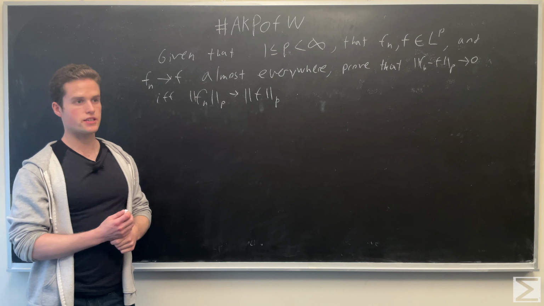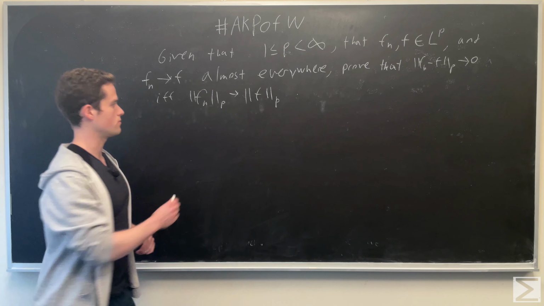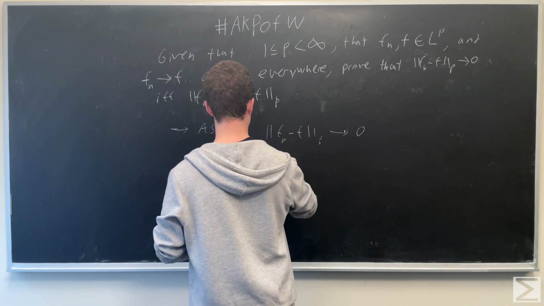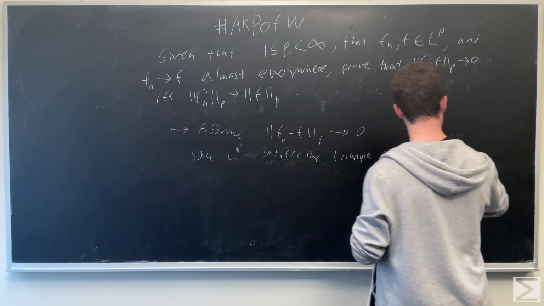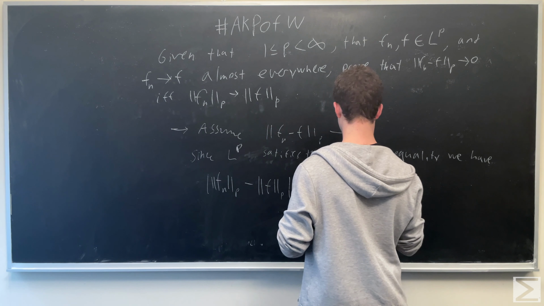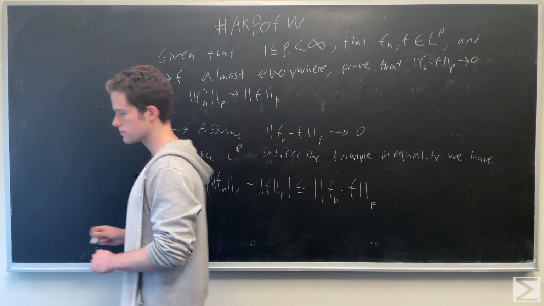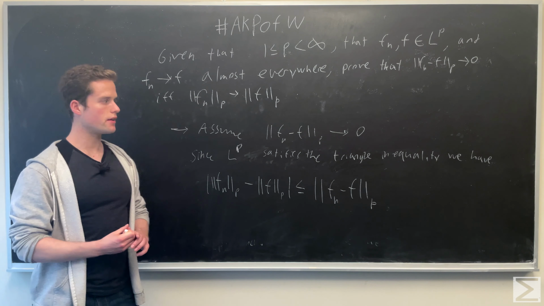So first direction, let's assume the norm of f_n minus f goes to 0. For the first direction, we're just going to make use of the triangle inequality.